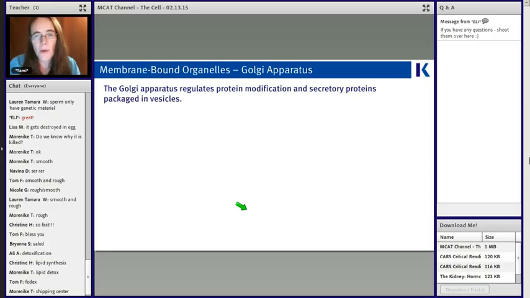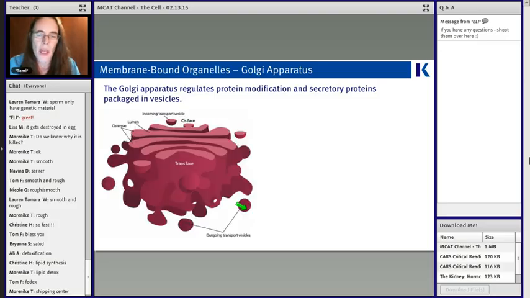So they do that protein modification. Then they secrete those proteins in packaged vesicles. When we look at this, we see a cis face and a trans face, which we're going to talk about in just a minute. Notice on the cis face you have those incoming vesicles, and those are coming from our smooth and rough ER.